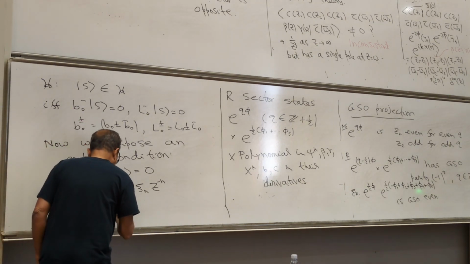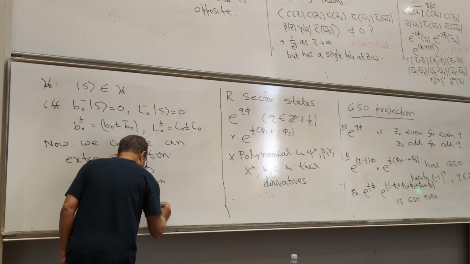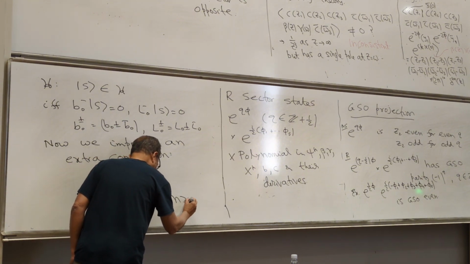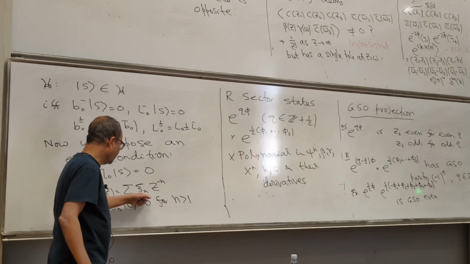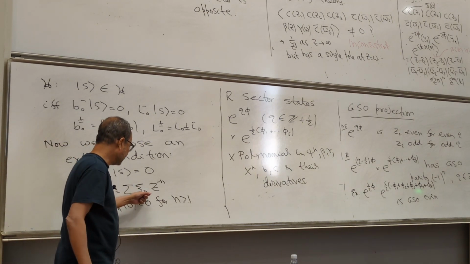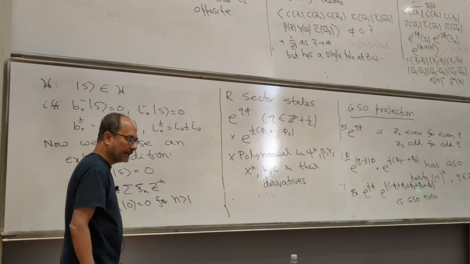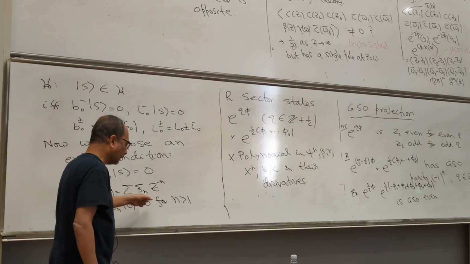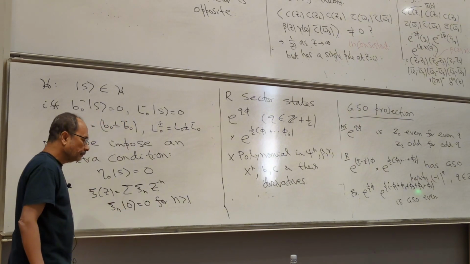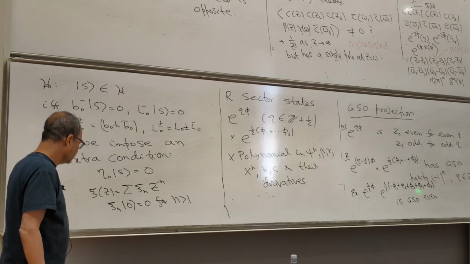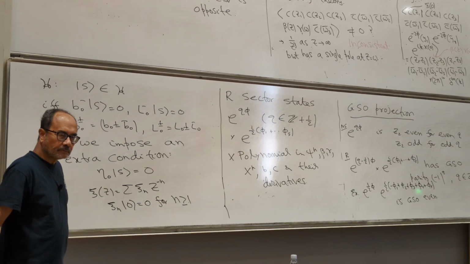So xi n on the vacuum is 0 for n greater than or equal to 1, because for n equal to 0, it's finite, right? So you don't have to impose xi 0 acting on the vacuum equal to 0, but xi n acting on the vacuum is 0, so that it's well defined at z equal to 0. Sorry, n greater than or equal to 1.